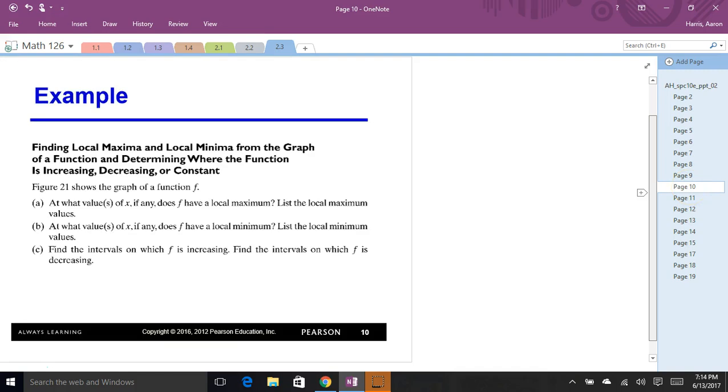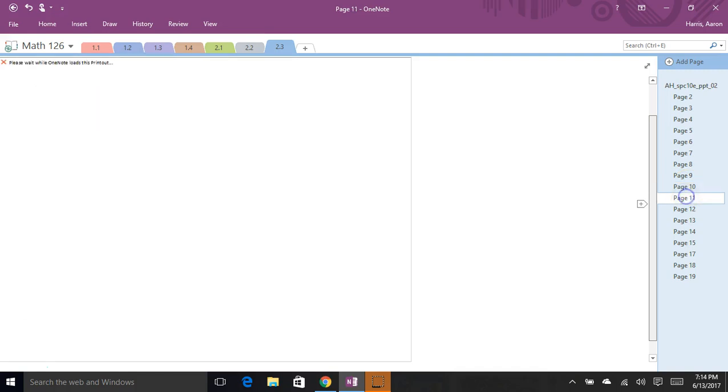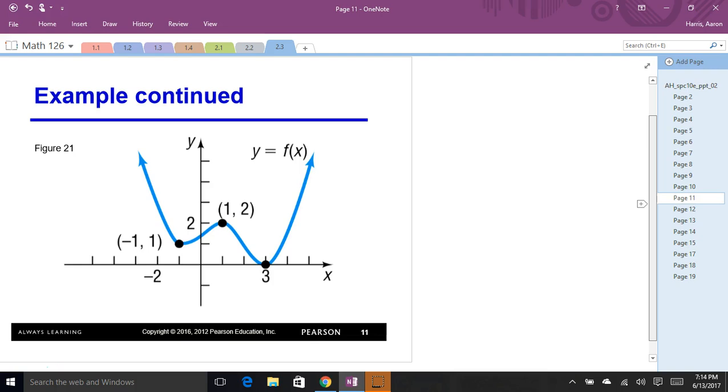So we're going to do some examples right here with this one. I'm going to state the local maxes and local minimums. Let's do our local max first. I say, do I have a local max? I'm just looking for a top of a hill. Yes, you see it right here. That's the top of a little hill.